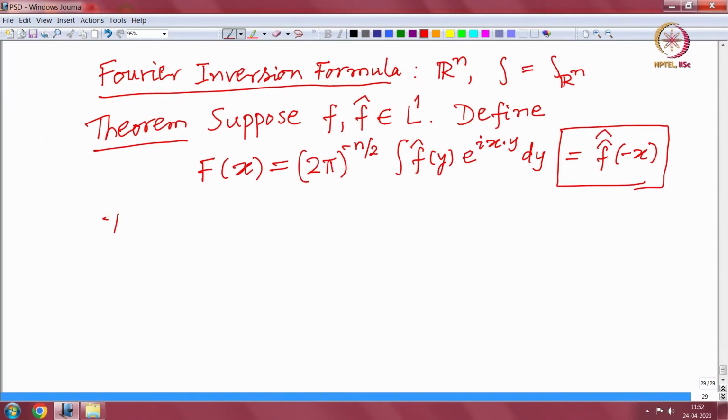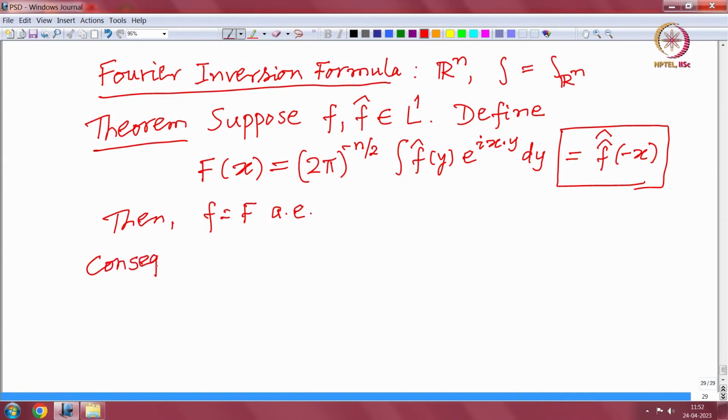Then f equals this function almost everywhere. So, this is the inversion formula we are looking for. Okay. So, similar to the properties of the Fourier transform we have already done, let me just write the consequences.